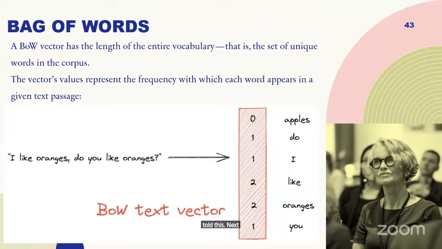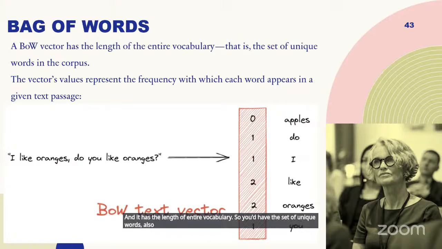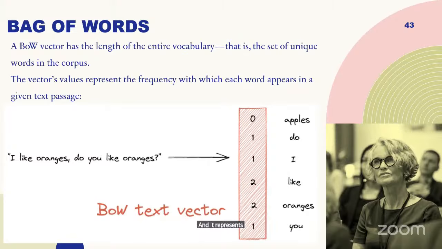Next comes the bag of words. It is a very coined term, and it has been a buzzword now in NLP, BOW. This is a vector actually, and it has the length of the entire vocabulary. So it has the set of unique words defined, and it represents the frequency with which each word appears in the given text passage.